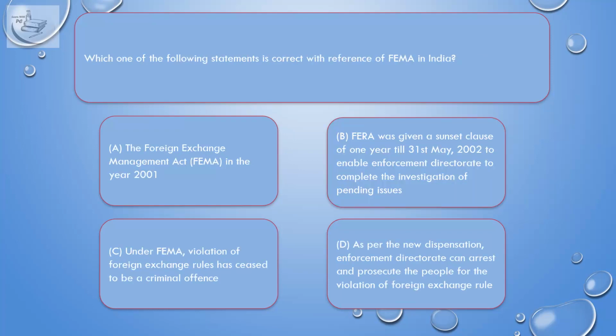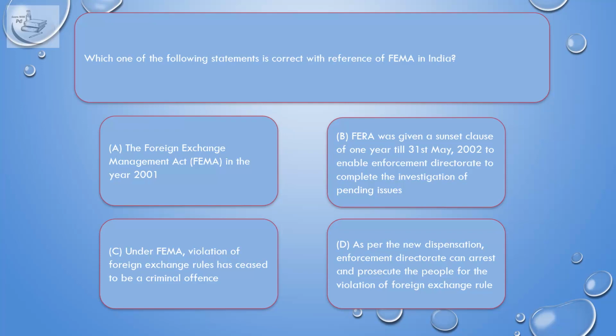Question: Which one of the following statements is correct with reference of FEMA in India? A. The Foreign Exchange Management Act, FEMA, in the year 2001. B. FERA was given a sunset clause of 1 year till the 31st of May 2002 to enable Enforcement Directorate to complete the investigation of pending issues.